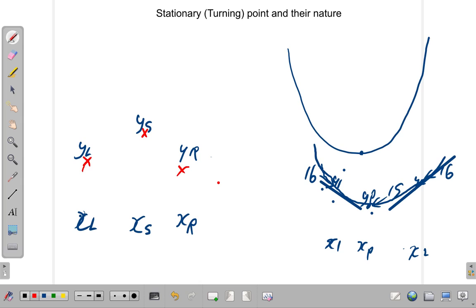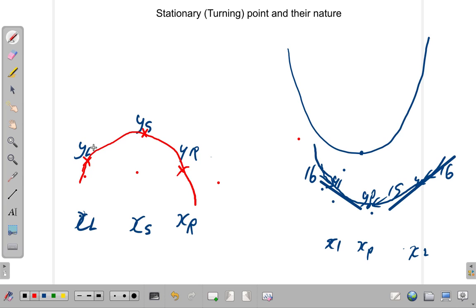What you would do when you're plotting the graph is something like this, and you see it looks like a maximum point. Alright, that would be a maximum point. Now here, that is one way of finding out the nature of this point.